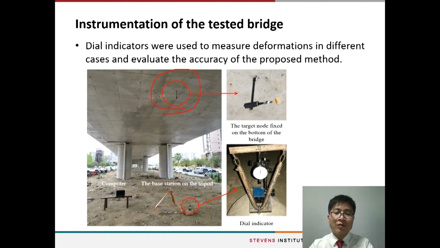One sensor was fixed on the ground, and the other one was installed at the bottom of the bridge girder. In addition to the UWB sensor, a dial indicator was used to measure the bridge deflection for comparison with the UWB sensor data.